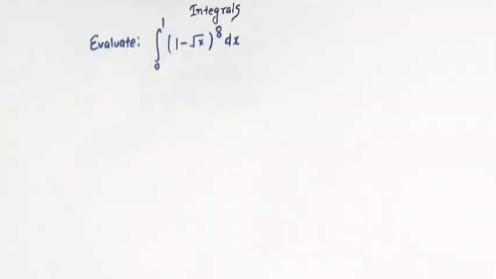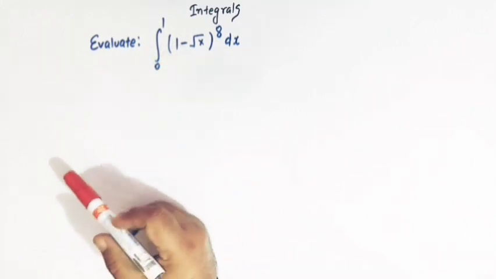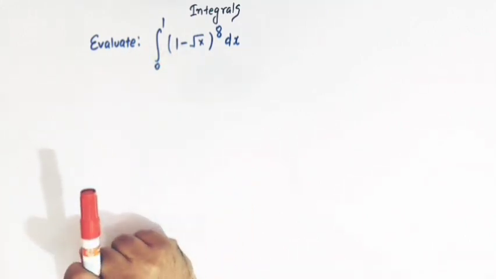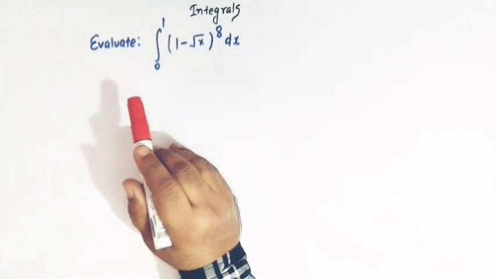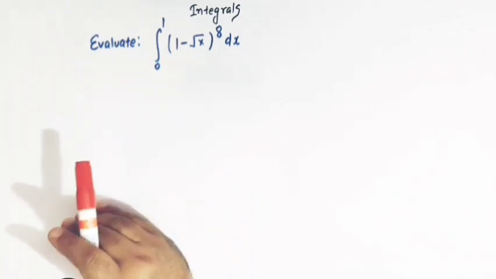Hello viewers, in today's class we are going to discuss yet another important problem from integrals. In this class we'll discuss this integral using the concept of beta function, which is also known as Eulerian integral of first kind.